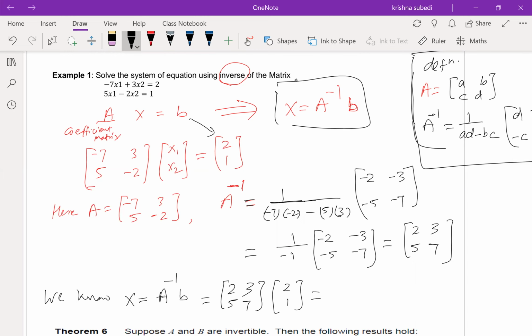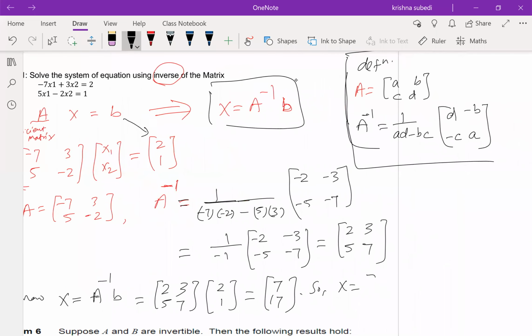And I want you to multiply and let me know what the answer is. Seven and 17. So our x, we can write as x1 and x2. So x1 equals 7 and x2 equals 17.